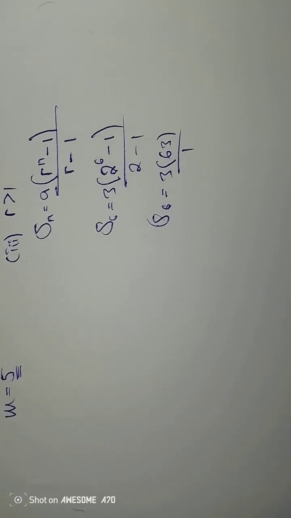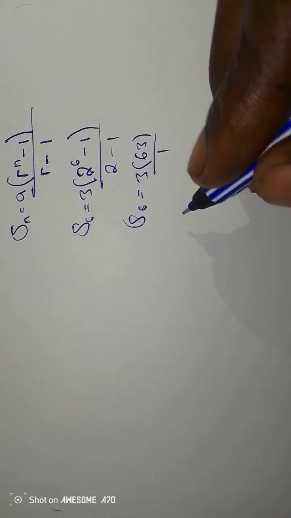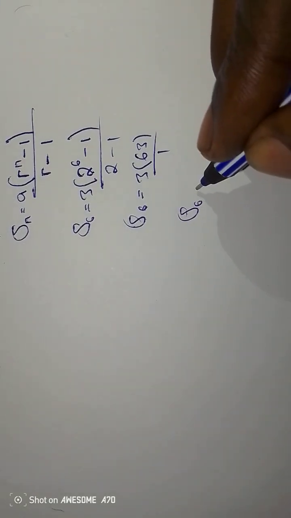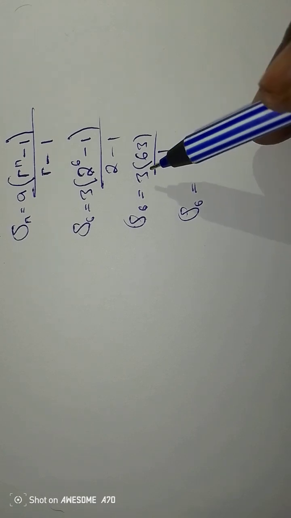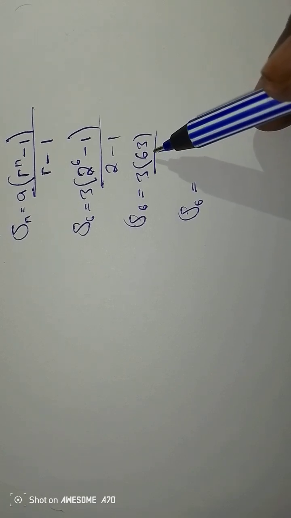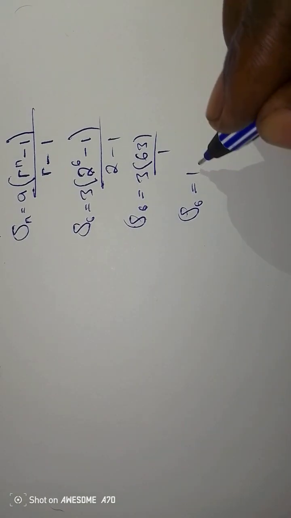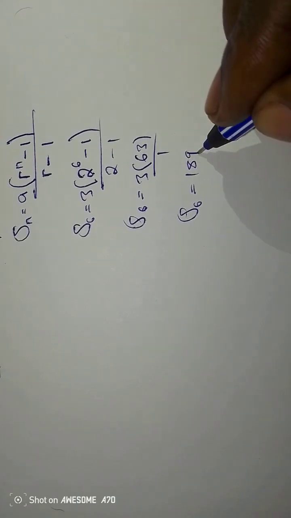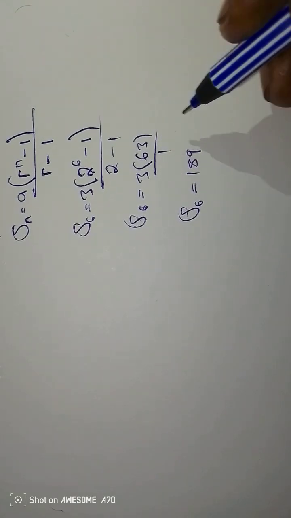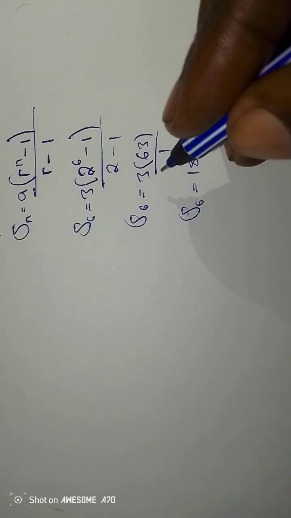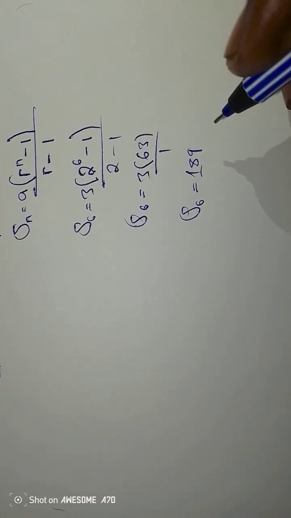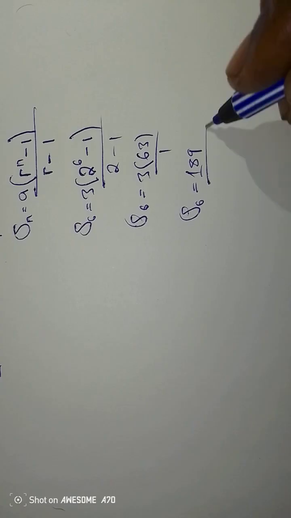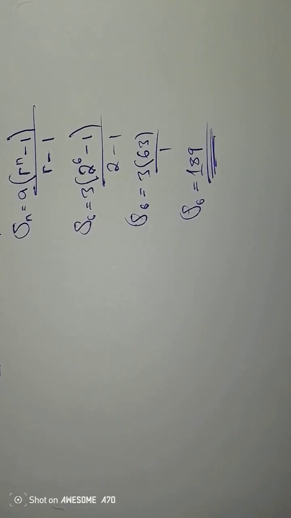Then the sum for the first 6 terms is equal to 3 multiplied by 63, which gives 189, and 189 divided by 1 is still the same answer. Therefore, the sum for the first 6 terms is equal to 189.